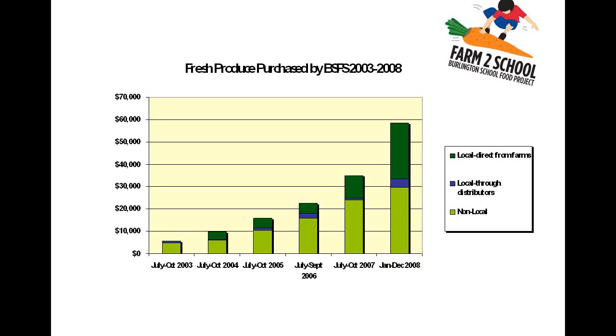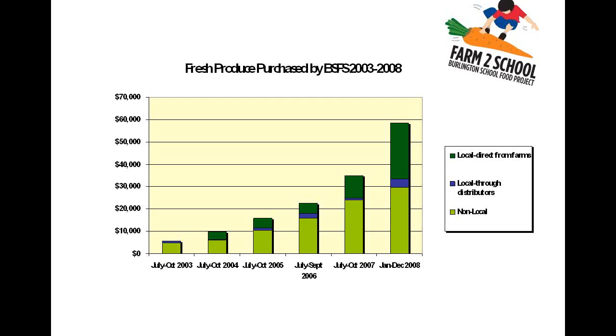But we have decided as a district, with the permission of my superintendent, to just navigate those problems as they come, as opposed to shutting the door on local. It is so important that we simply try not to get sucked into the, well, you can't buy direct from a farm for whatever reason, and try to increase the amount of product that we buy.